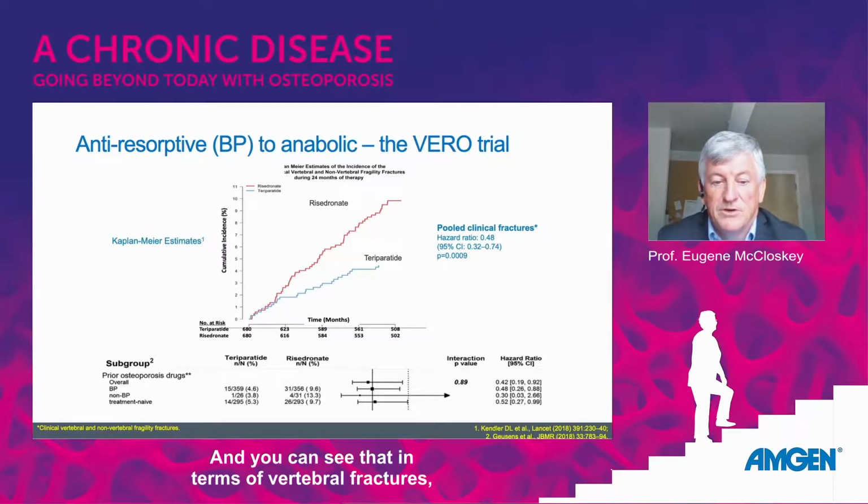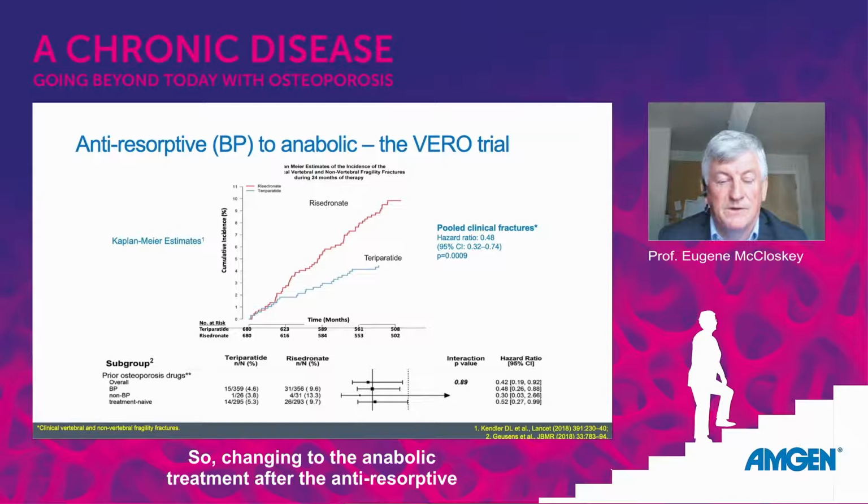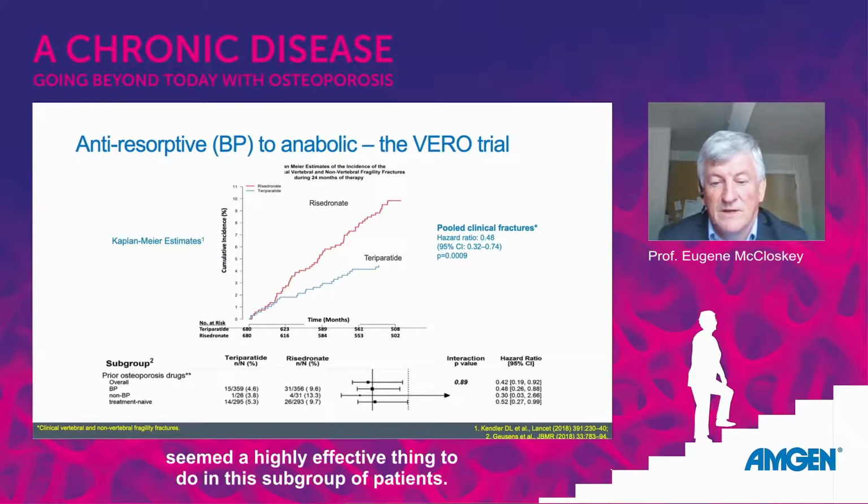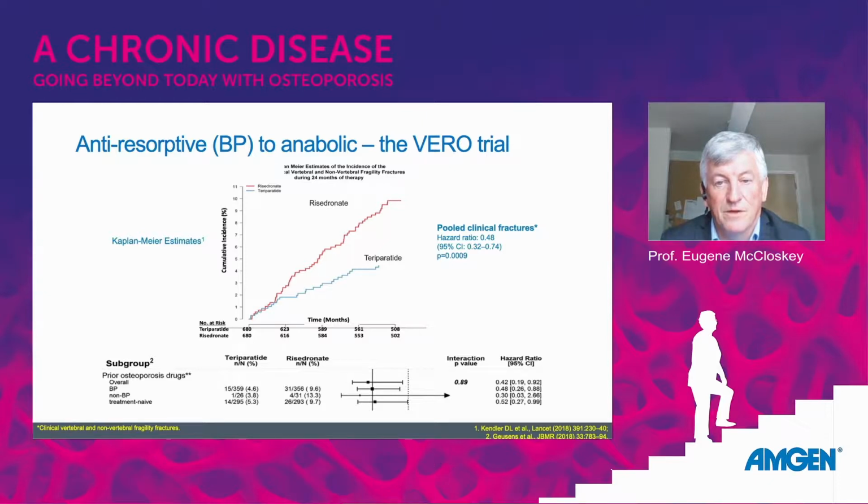And you can see that in terms of vertebral fractures, the reduction in fractures was very similar, whether you received an oral bisphosphonate or not. So changing to the anabolic treatment after the anti-resorptive seemed a highly effective thing to do in this subgroup of patients.